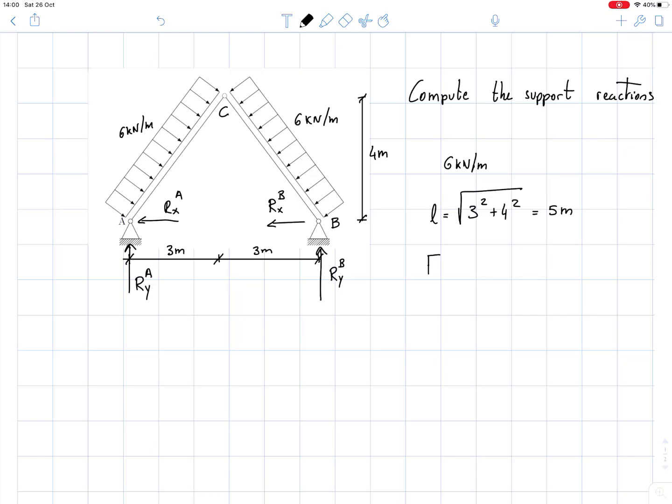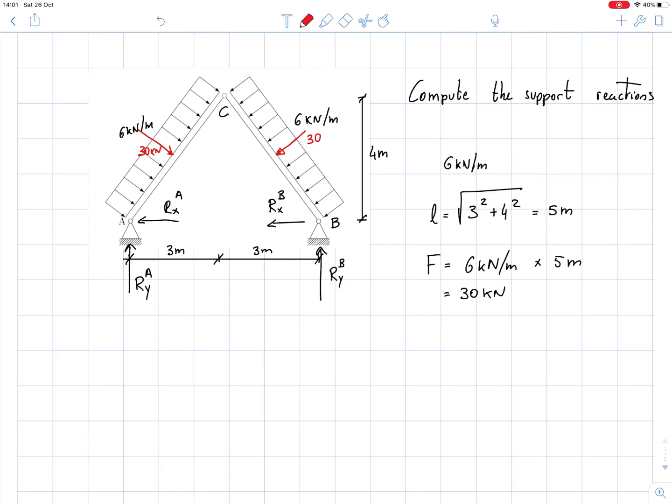And the resultant is therefore 6 kilonewtons per meter over 5 meters, meaning 30 kilonewtons. As a result, this distributed force is equivalent to a force of 30 kilonewtons here and 30 kilonewtons here.